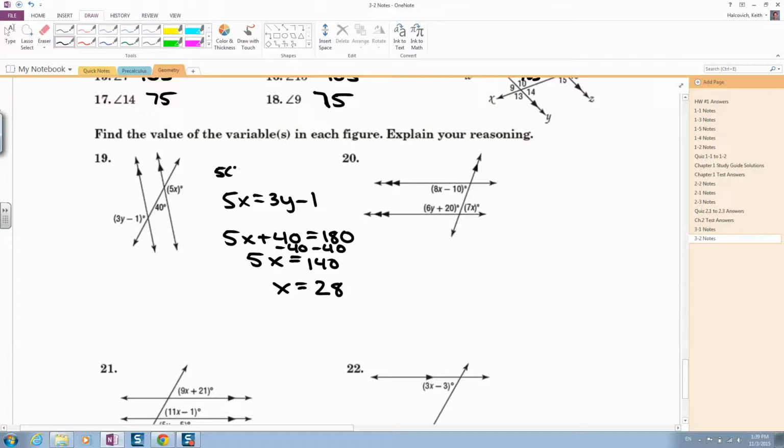So 5 times 28 is 140, so 140 equals 3y minus 1 and plus 1, so 141 equals 3y. 47 equals y.